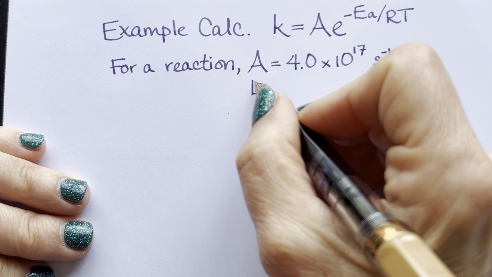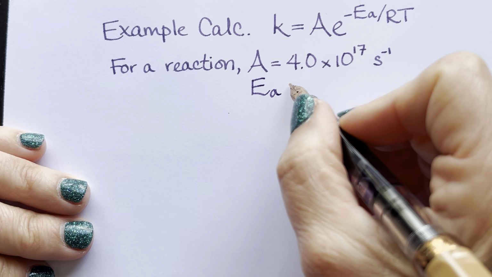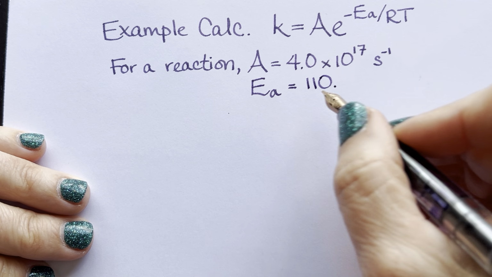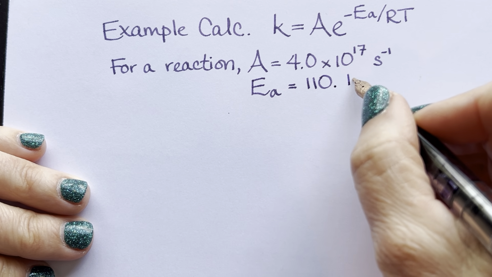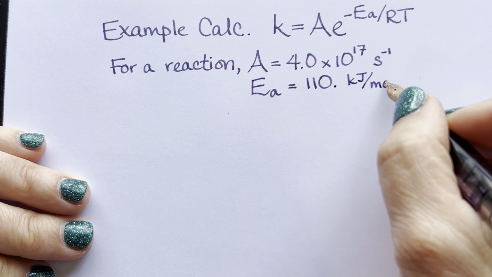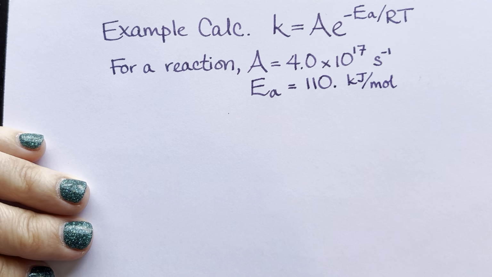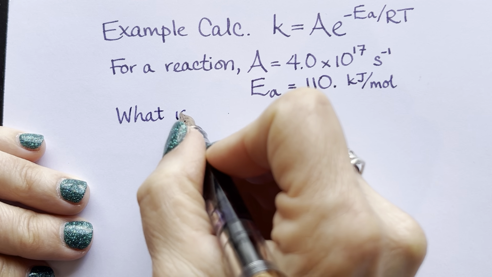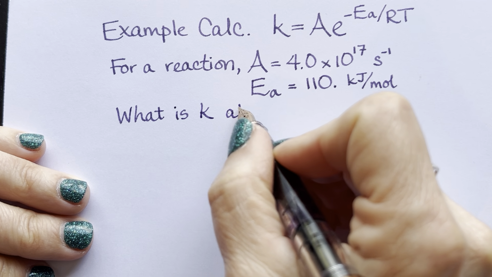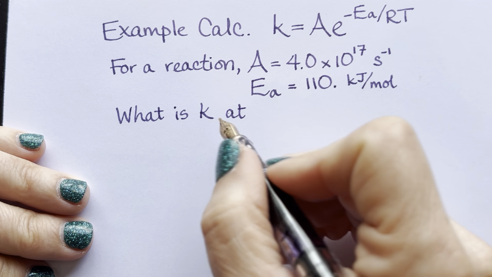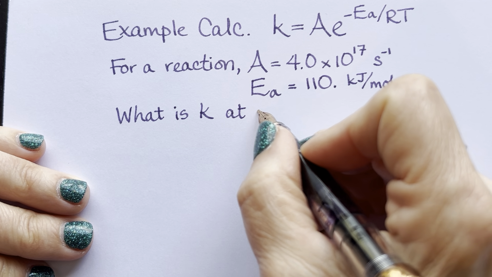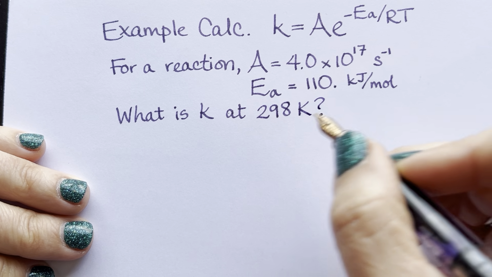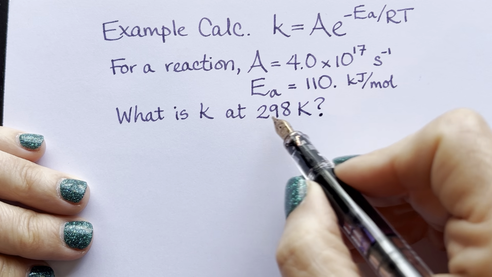It is also known for this reaction that the activation energy is 110.36 kilojoules per mole. So then the question is, what is the rate constant at 298 Kelvin? Okay, this is room temperature.